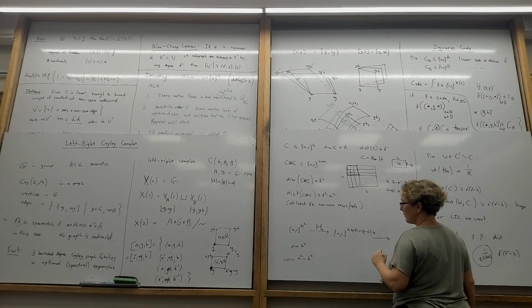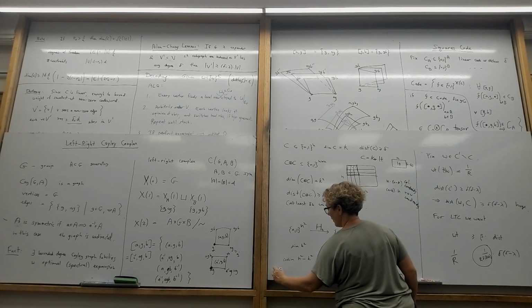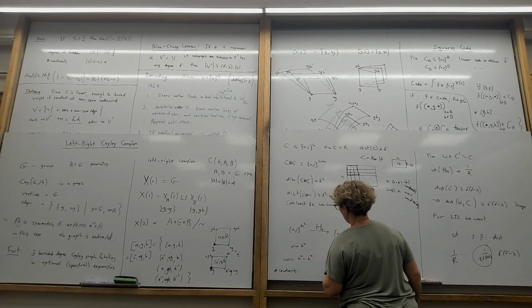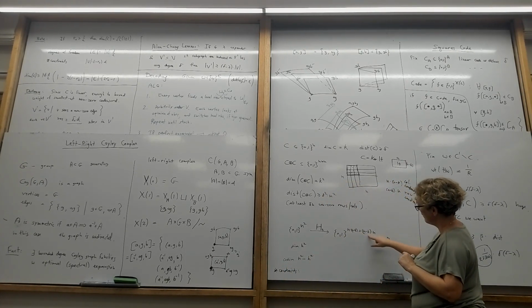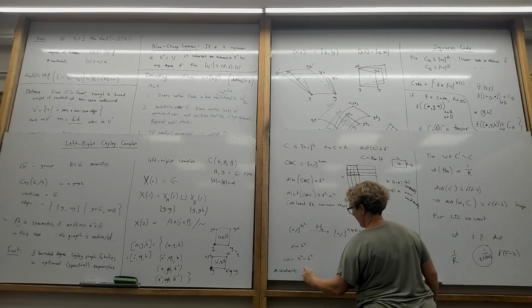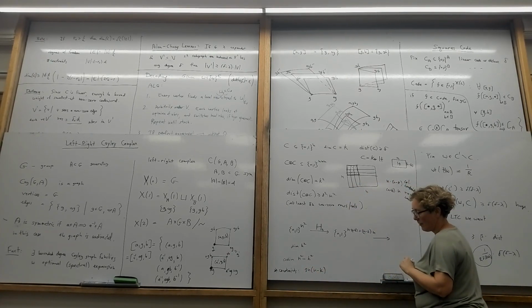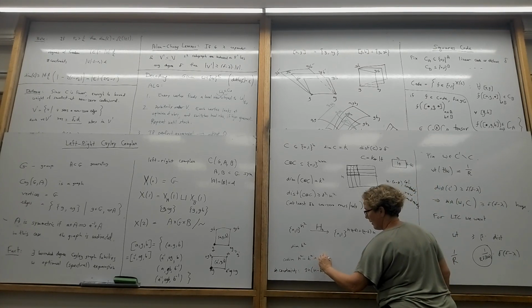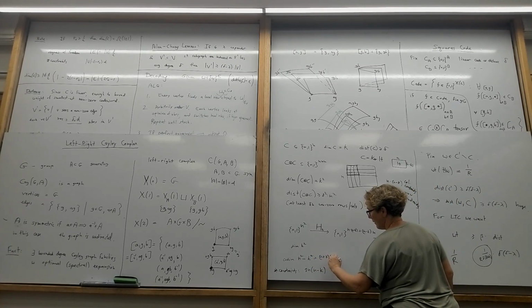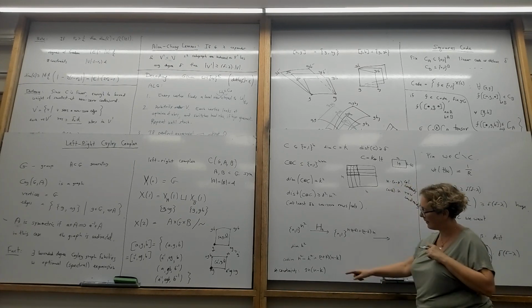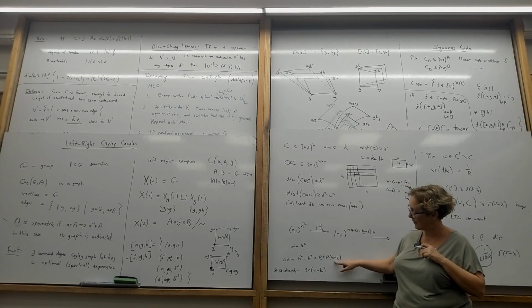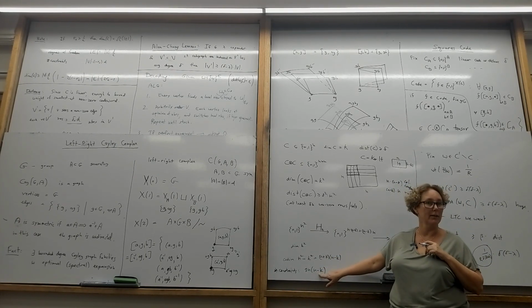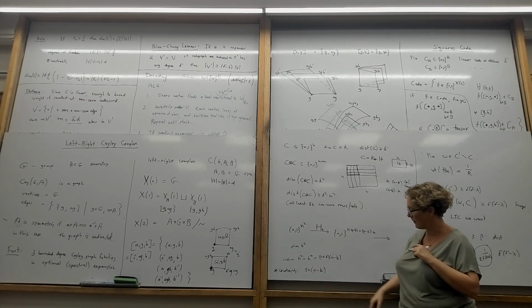But how many constraints do I have? This many, so that's 2n times n minus k, whereas the codimension equals n plus k times n minus k, and this is n plus n times n minus k. So this is certainly bigger.